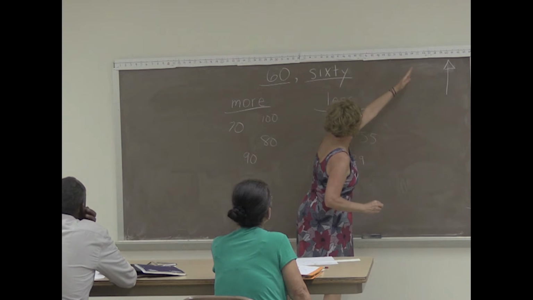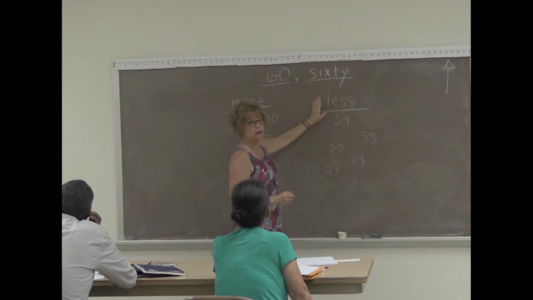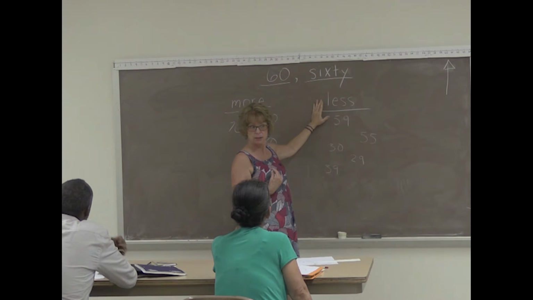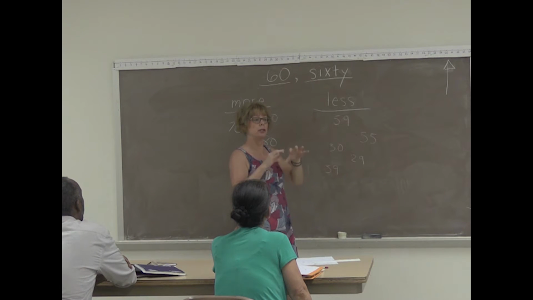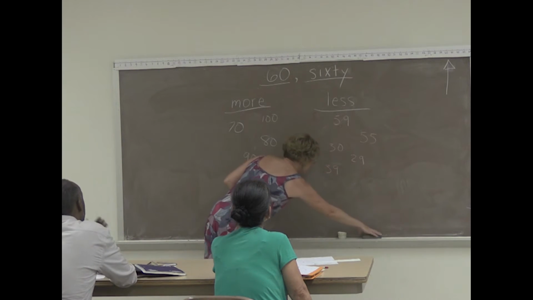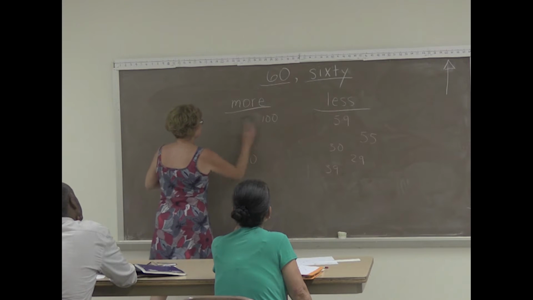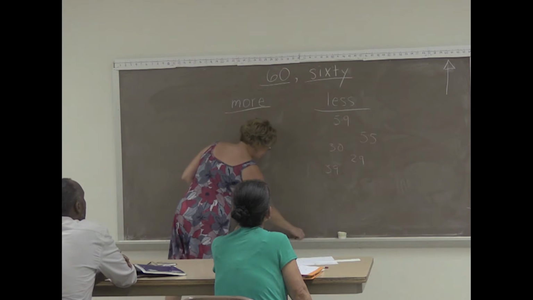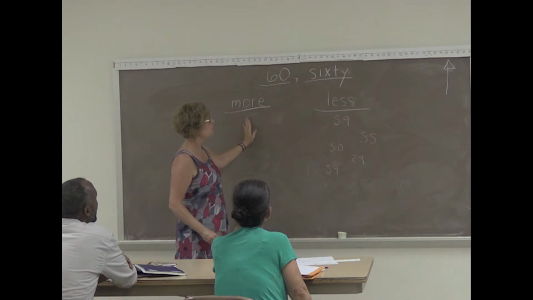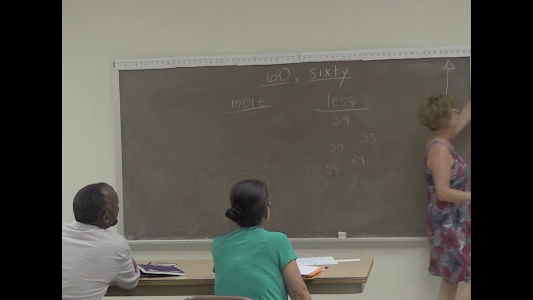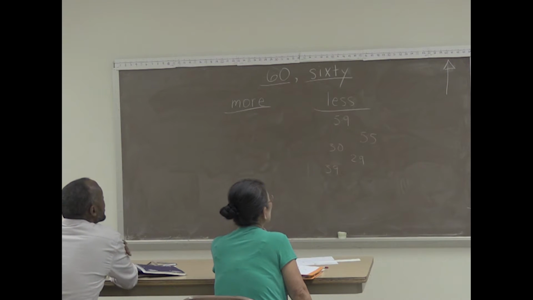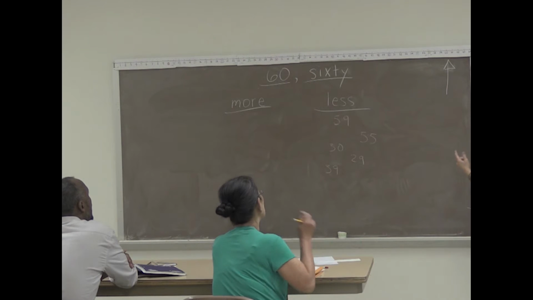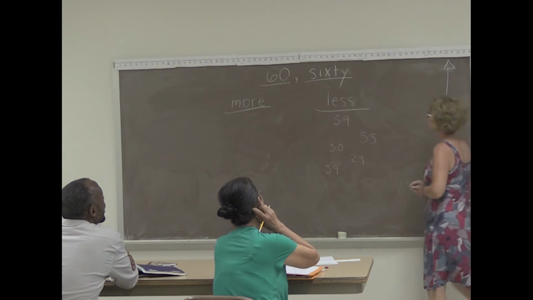Any of these numbers, they are all less than 60. They are smaller than 60. Let me go with some different numbers that are bigger than 60, more than 60. You gave me 70, 80, 90. Those are good. But give me some of the black numbers.